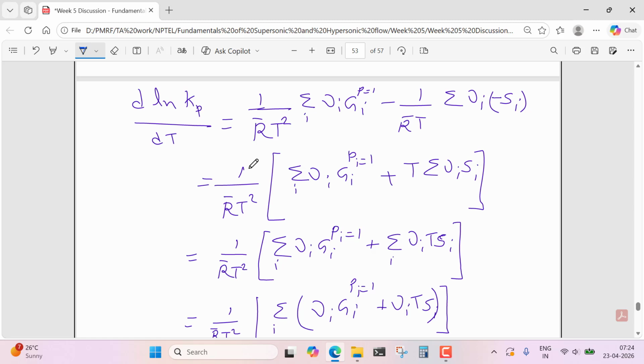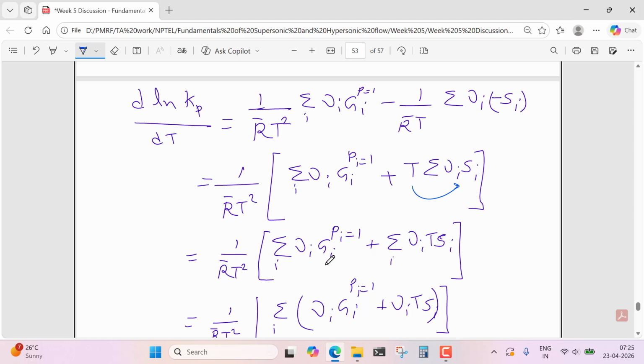Let's take this common 1 upon R bar T square, so we get 1 upon R bar T square bracket sigma nu i Gi at Pi equal to 1 plus T sigma nu i Si. Now this T will multiply inside, so we'll get 1 upon R bar T square sigma nu i Gi at Pi equal to 1 plus sigma nu i T Si.